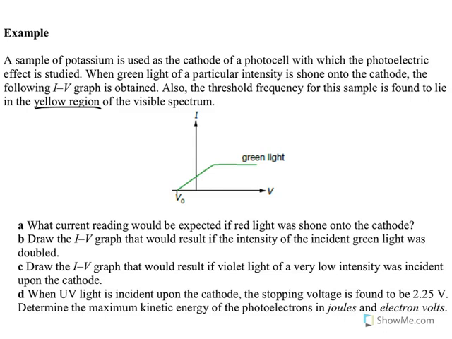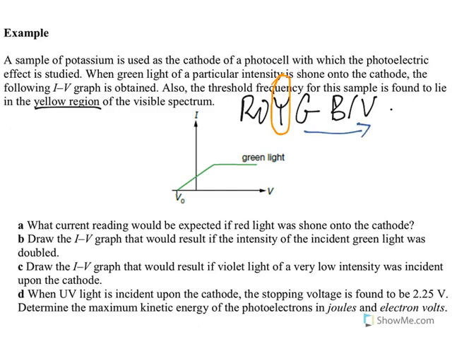So what do we need to know? We need to know Roy G. Biv. And we're told that the threshold is in the yellow region. So things down this way are higher frequency, and things down this way are lower frequency.